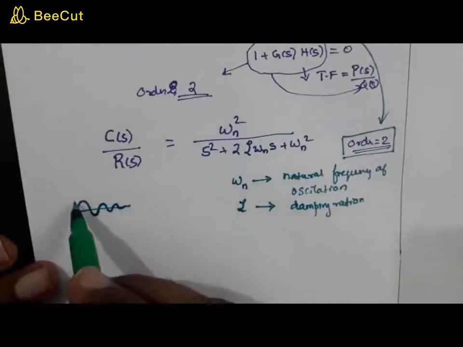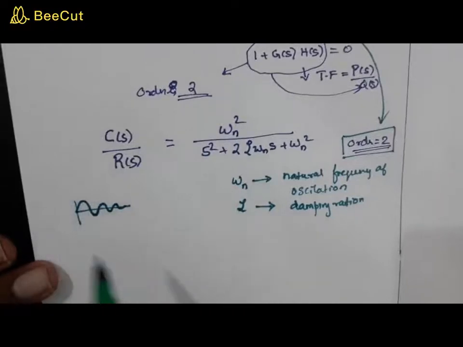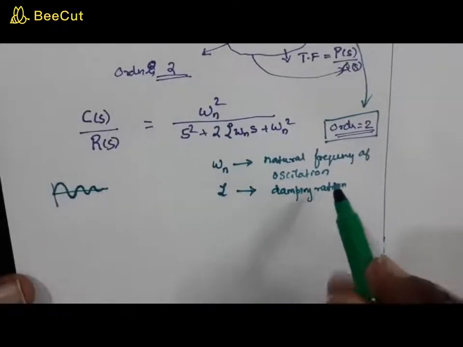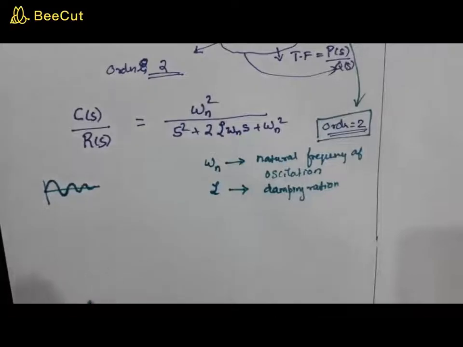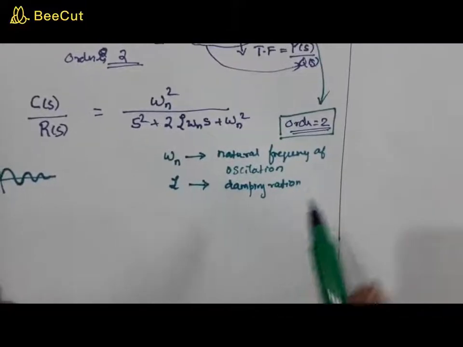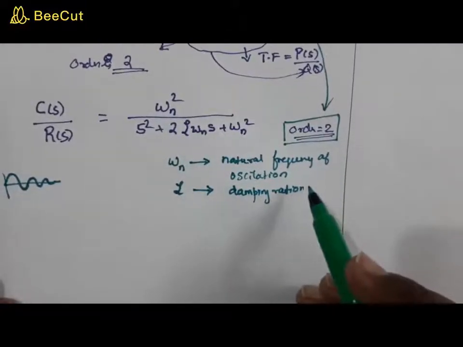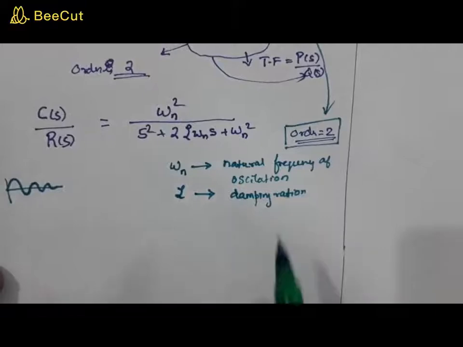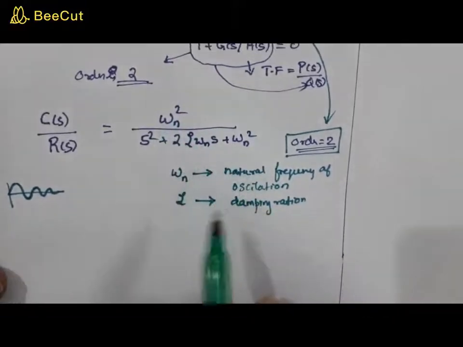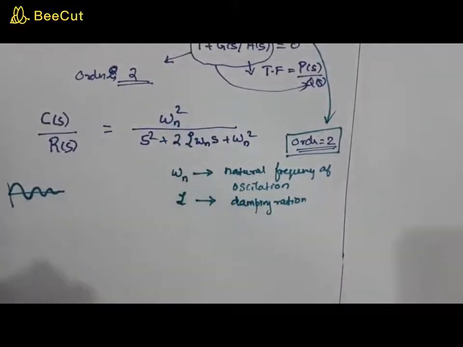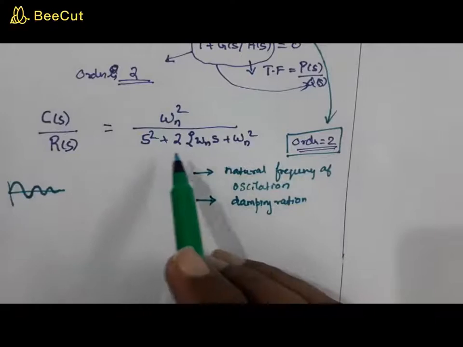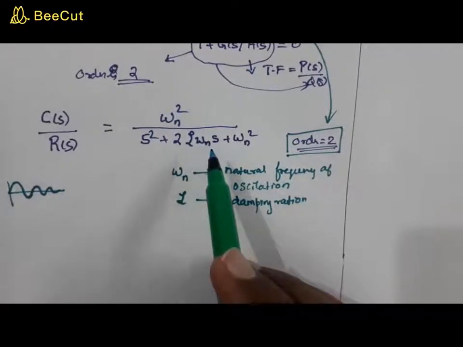A system, if it is oscillated, will have a natural frequency of oscillation, and the damping ratio associated with that system will decay that oscillation.